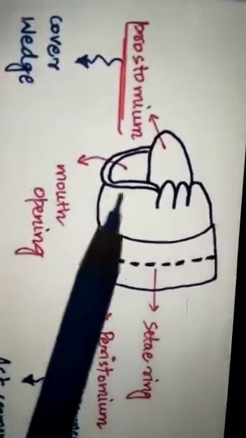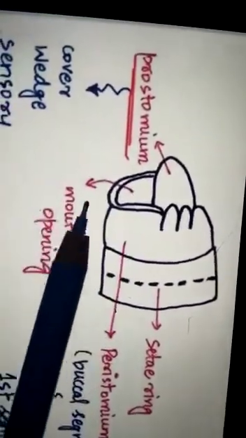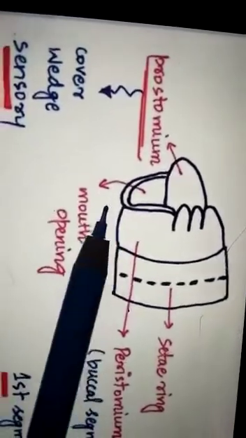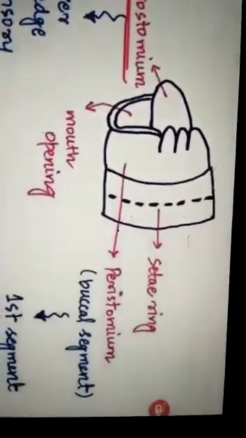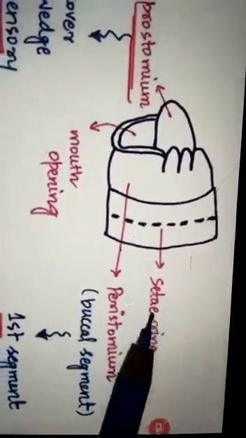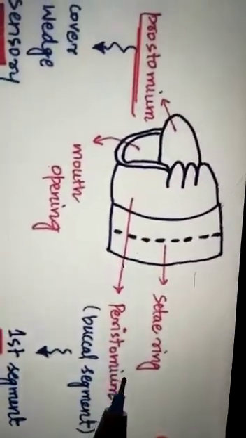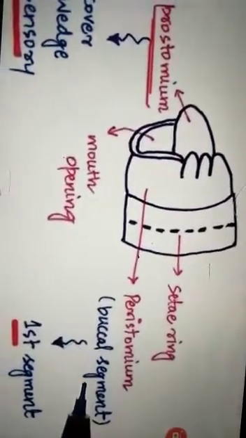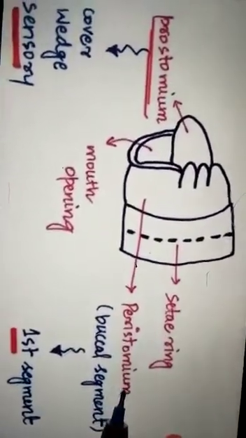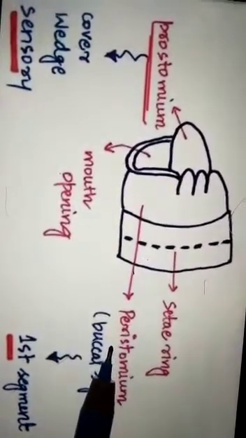The mouth opening is not in the first segment. The first segment is the peristomium. It is also known as the buccal segment because it contains the mouth opening.